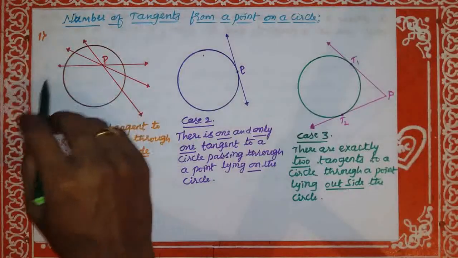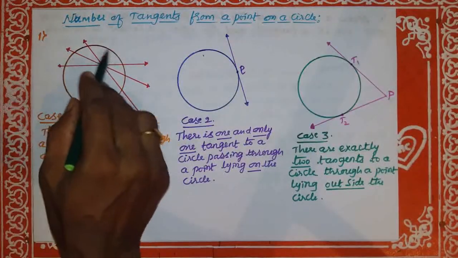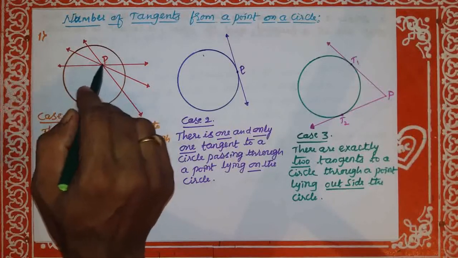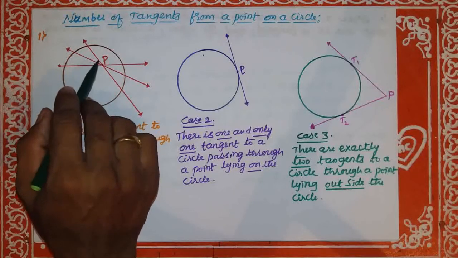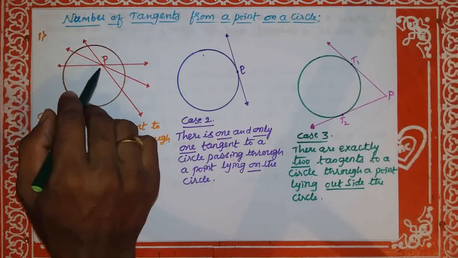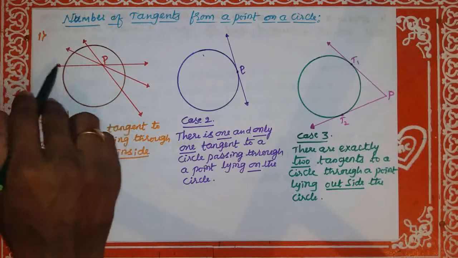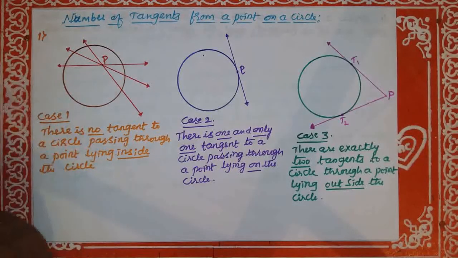Students, now let us discuss the number of tangents from a point to a circle. Here they have given one circle. Point P is inside the circle. Some straight lines pass through point P and intersect the circle at two end points each, right? But there is no tangent to a circle passing through a point lying inside the circle.